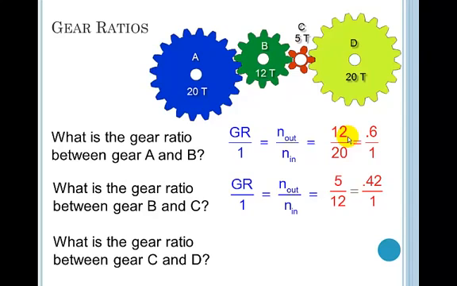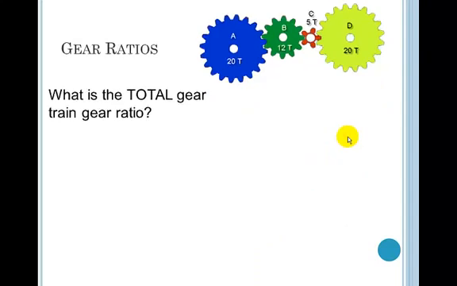And then the ratio between C and D. Now C is the input and D is the output, so it'll be 5 over 20. Sorry, I said that backwards, 20 over 5.